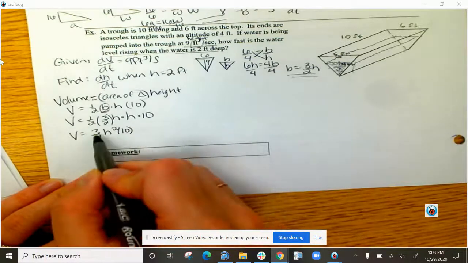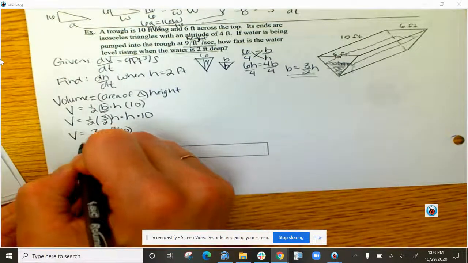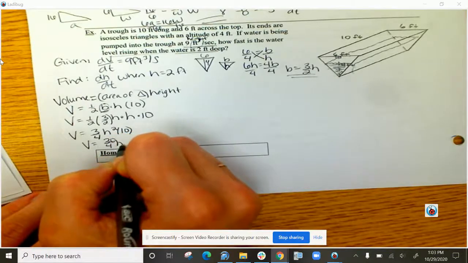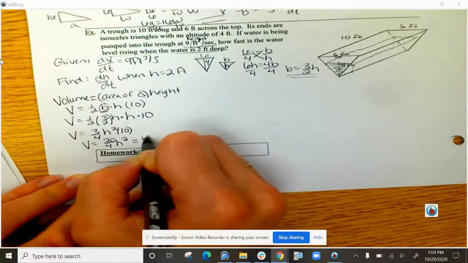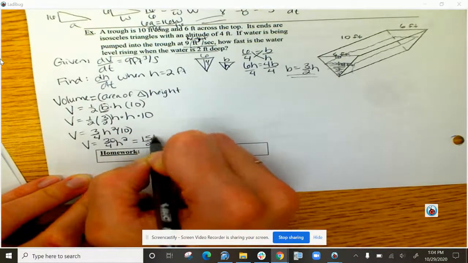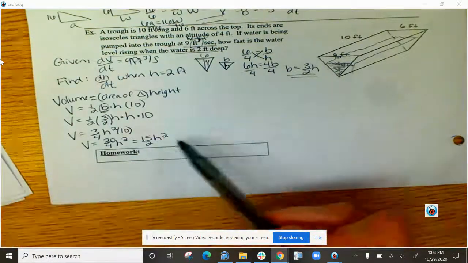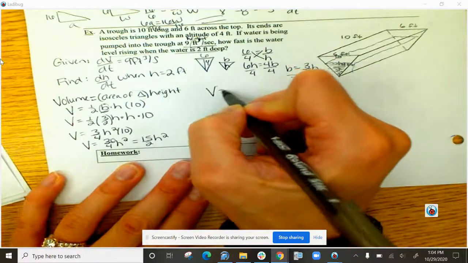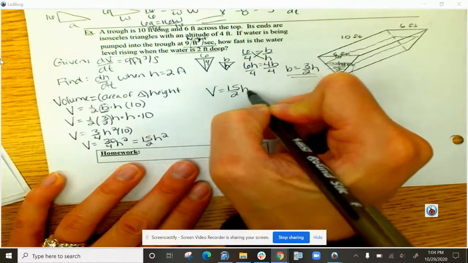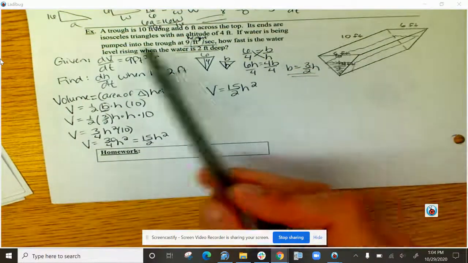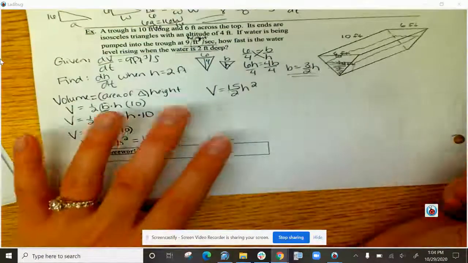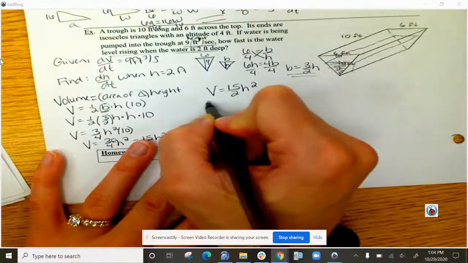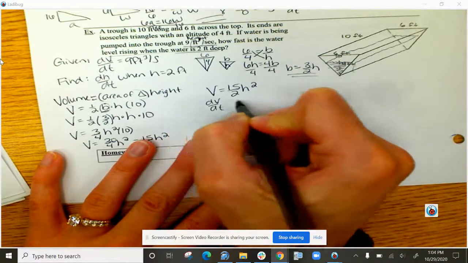And then I can bring this 10 out in front too. So I get V equals 30 over 4 h squared, which is actually 15 over 2 h squared when I simplify it. So this is my volume equation. And so I need to derive this 15 halves h squared volume equation and then start plugging some stuff in. So I'm going to do that. The derivative of V is just 1 dV/dt.